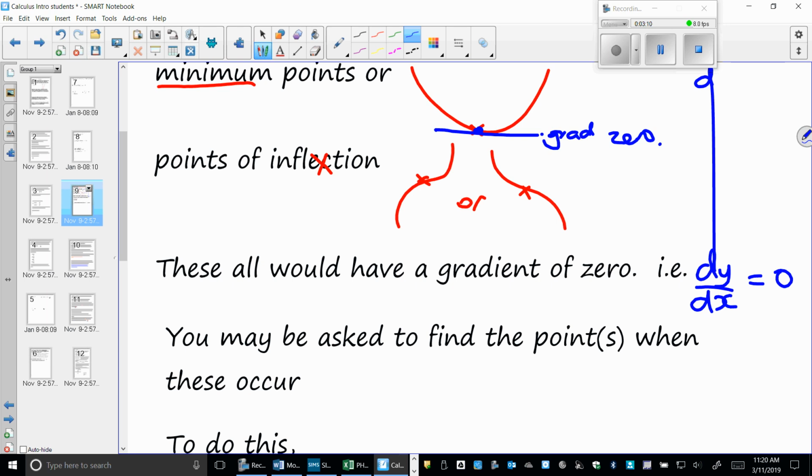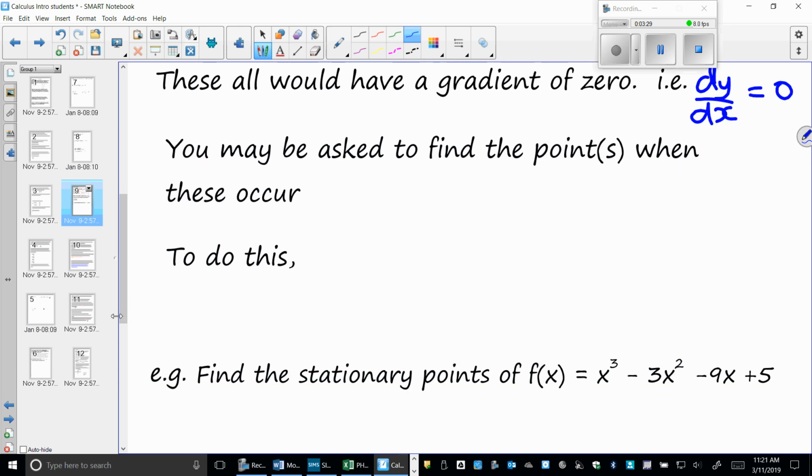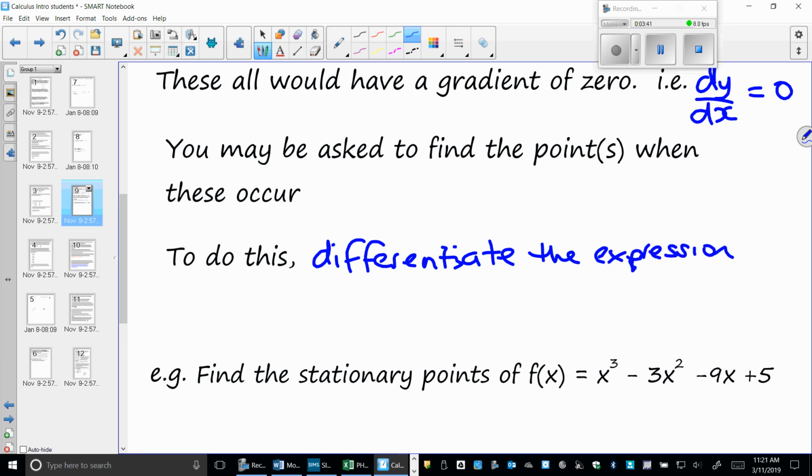So the kind of question that they might have is find when the gradient is 0, or find where the maximum or minimum point is, or find where the stationary values occur. For all of those expressions, what we would do is differentiate the expression, then equate this to 0, and then solve it.